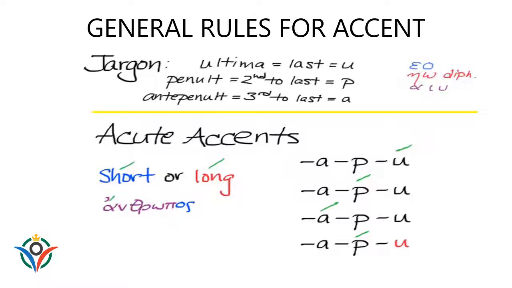But if we change the ending of the word to make it of a human being, anthropou, it no longer likes to have that acute as far back as the antepenult, and it pulls it over the omega in the middle, to the penult, the second to last syllable. We'll go over lots of examples like that in class and in the videos to follow.